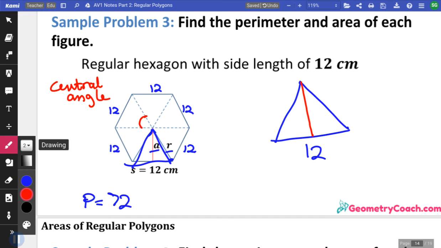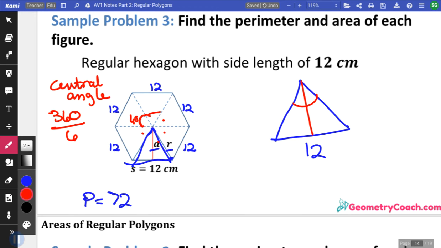We're going to go 1/6 of the way around, right? There's 1, 2, 3, 4, 5, 6 pieces. So we're going to take 360 divided by 6, and that gives us a 60-degree central angle. All of these angles are going to be 60 degrees, including this one that I blew up. But it's split in half, so it's going to be 30 and 30.